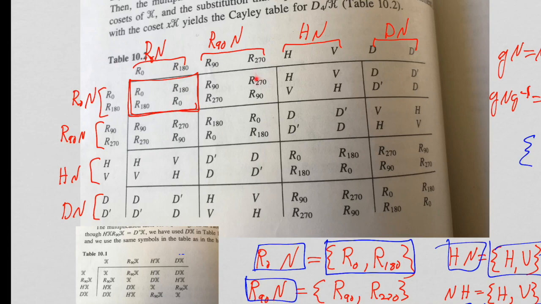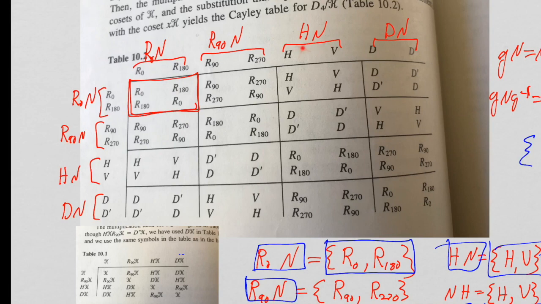So R90 times R90 always returns an element of the normal subgroup. And in that sense, R90 is its own inverse, right? Because we're going to treat this normal subgroup as though it's some kind of identity element, based on the principle that any of these cosets multiplied by the normal subgroup returns the same coset.